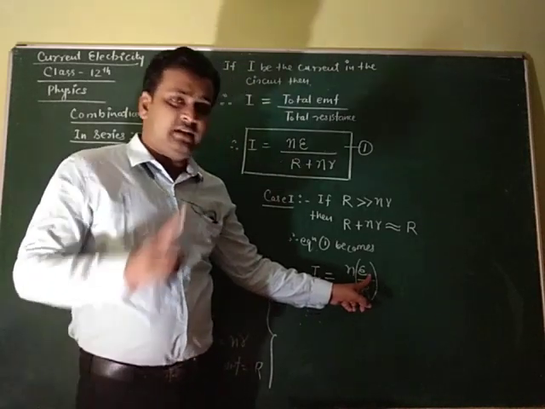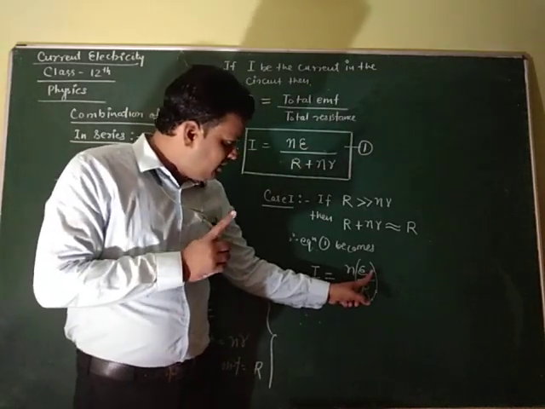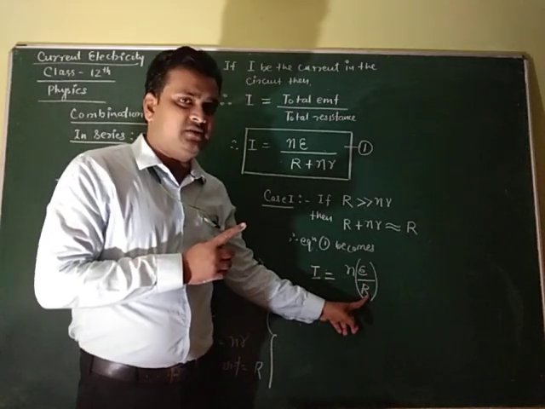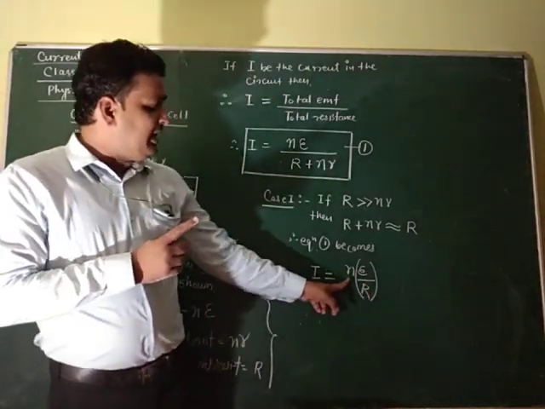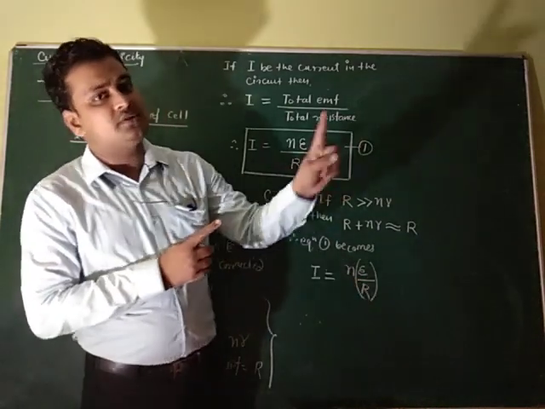This EMF is the EMF of a single cell, and a single cell's EMF divided by the external resistance means we are getting n times the current due to a single cell.